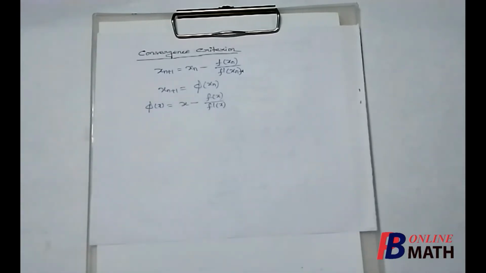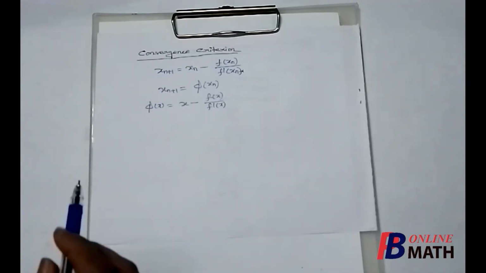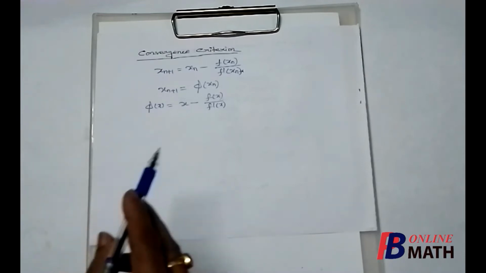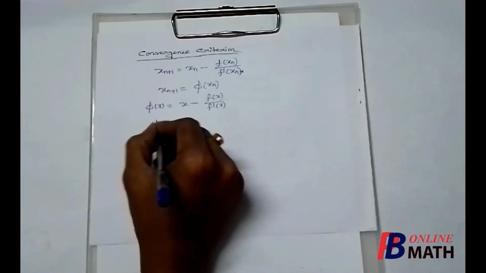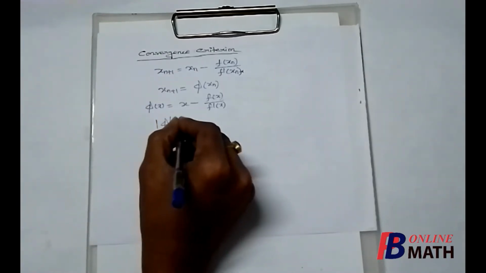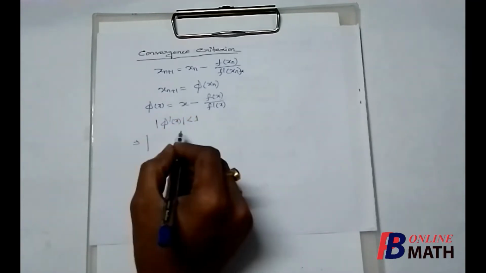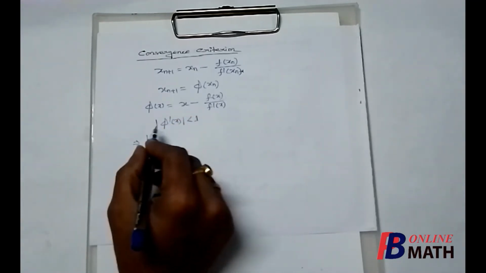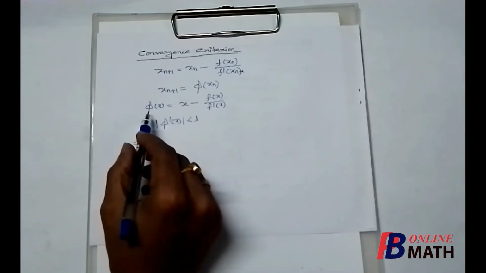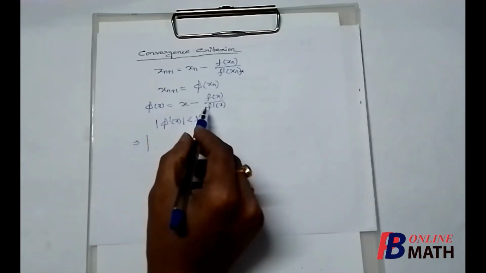We know that the fixed point iteration method converges if modulus of phi dash x is less than 1. Here phi x equal to x minus f(x) by f dash x.